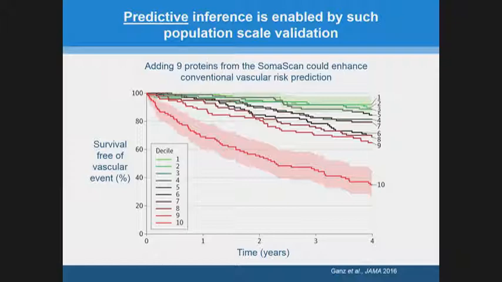So a group of investigators in San Francisco took 2 studies of about 1,000 patients each and reported that if you add a subset of 9 proteins from a narrower version of the SomaScan that I just showed you, you might get some improvement in cardiovascular risk prediction. The authors acknowledge that it was a relatively modest improvement, which is true, and it requires further confirmation, but this illustrates the approaches that people are using with these molecular omics in terms of risk prediction.